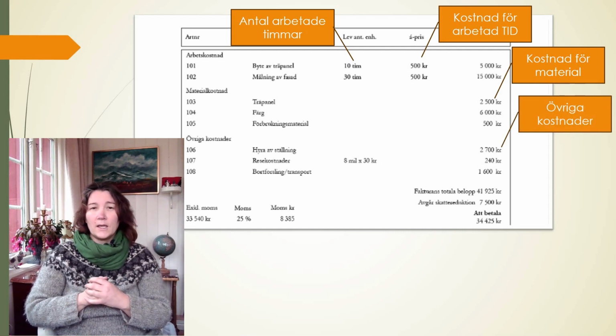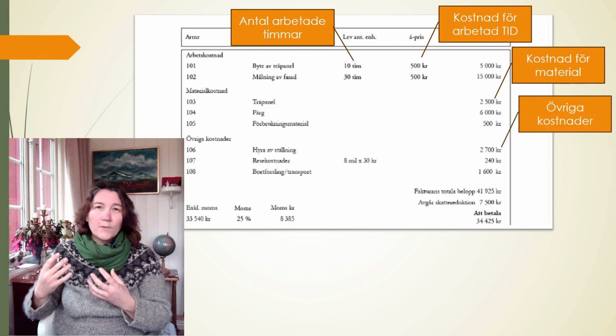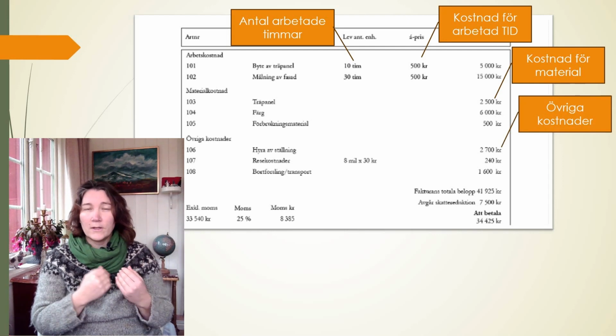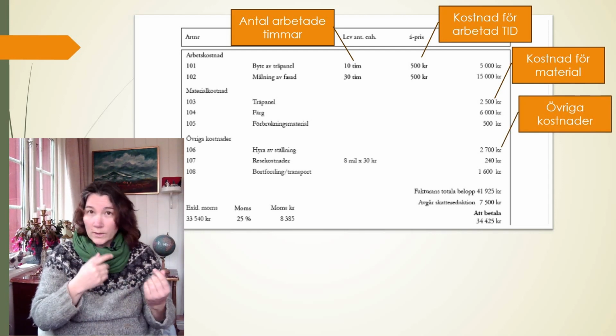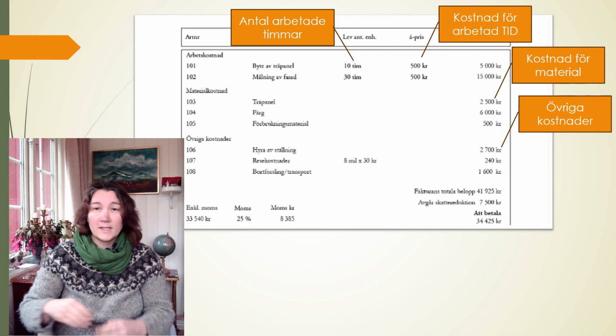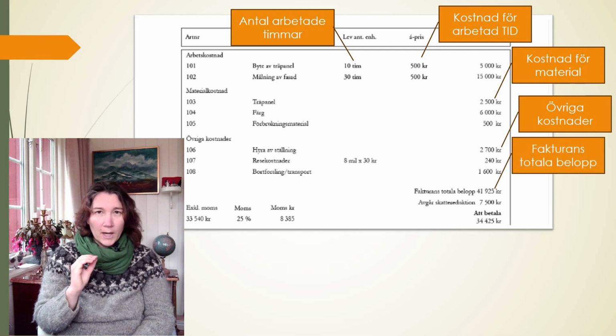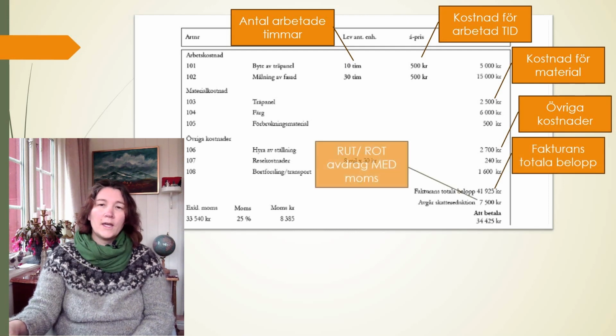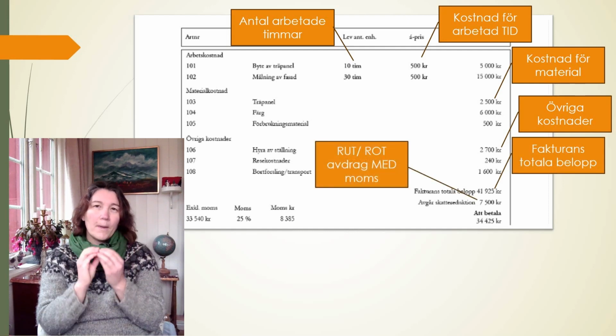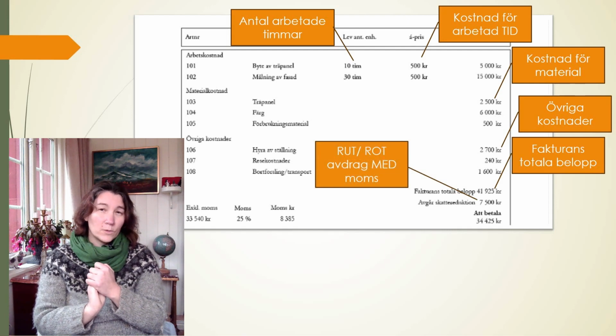That can be something you have rented out for them, and your travel costs, going back and forth to them, things like that. And then you need to have the total amount of the invoice and also the amount for the RUT and ROT deduction.